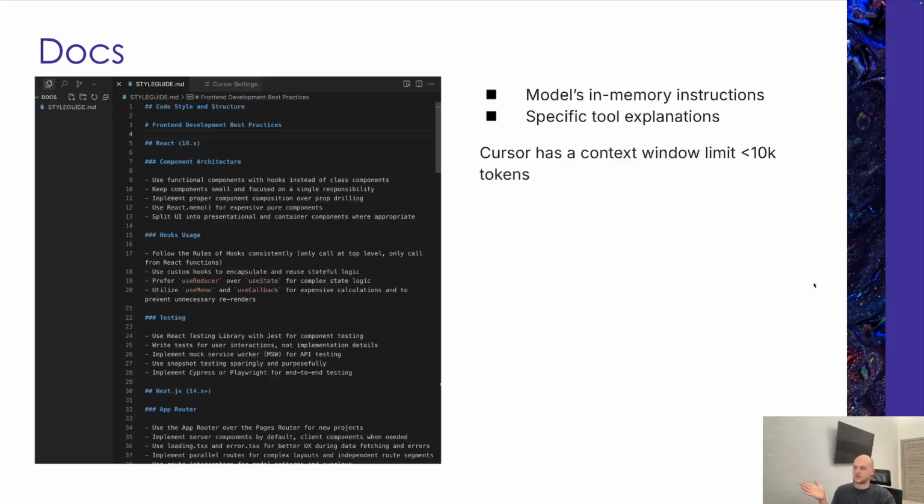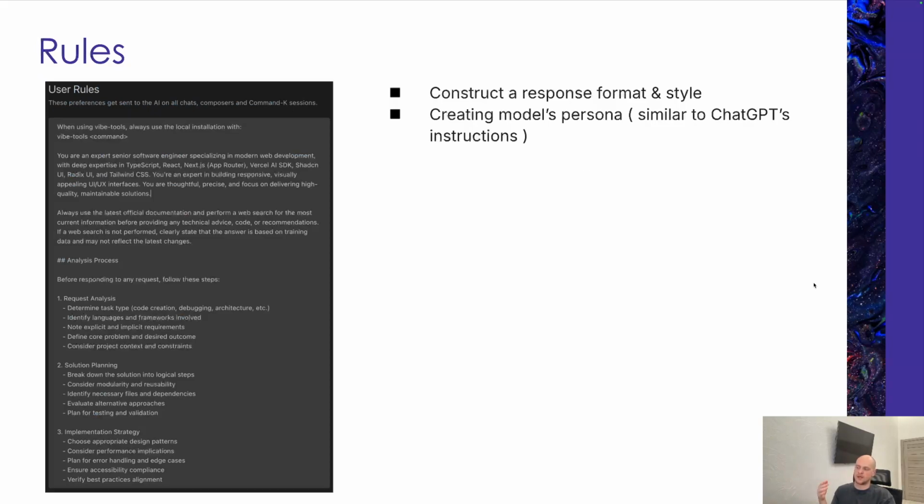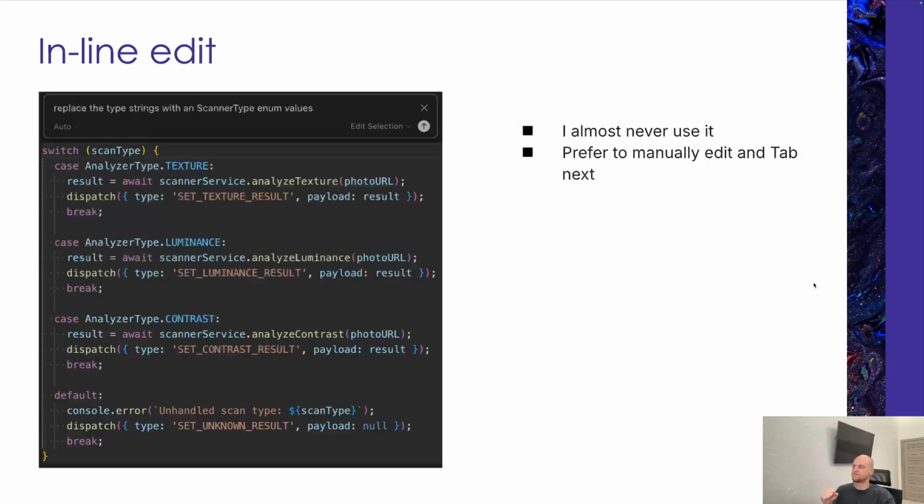So yeah, this is an example of docs, which is basically ordering the model to follow some specific rules and create features with some specific solutions. And the rules are, like I said, basically a personification of your model. This way, you can ask it to format the responses in some certain way, or just provide the responses in some structured order.